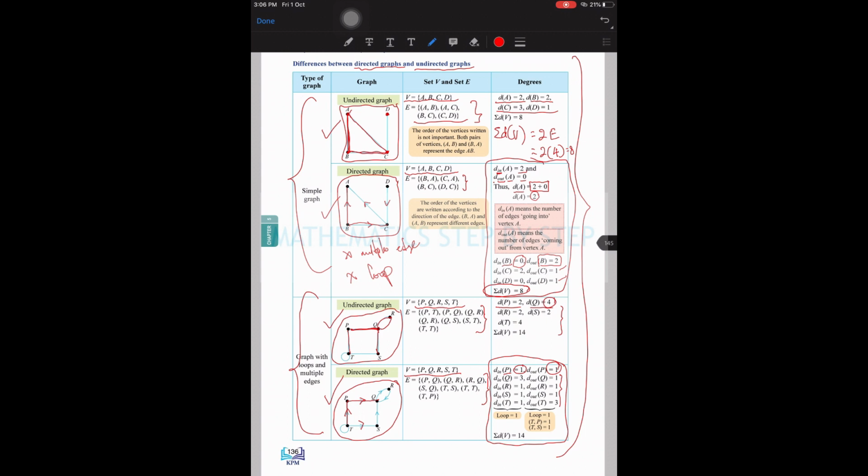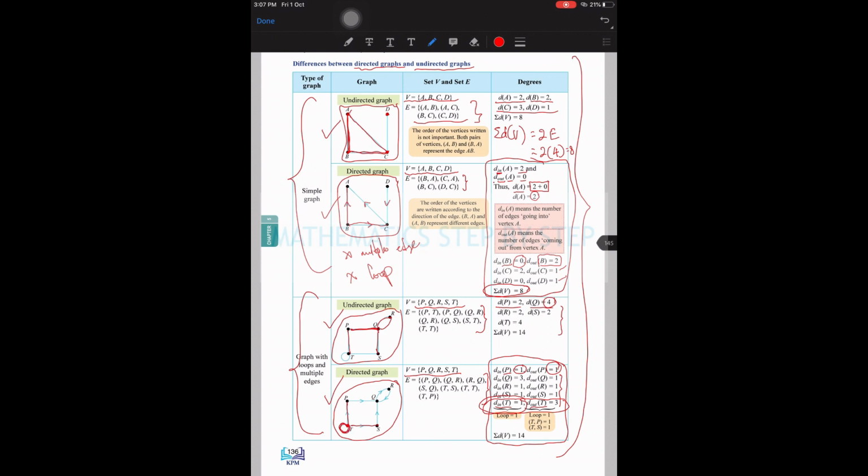So now I want to point out one more special one here. Okay, let's look at vertex T. Okay, vertex T is here, so we can see this loop is count as 1 degree for going in at vertex T. Okay, and it is count as 1 degree for an edge coming out from vertex T. Okay, so number of degree going in equals to 1, coming out is equals to 1, 2, and 3.